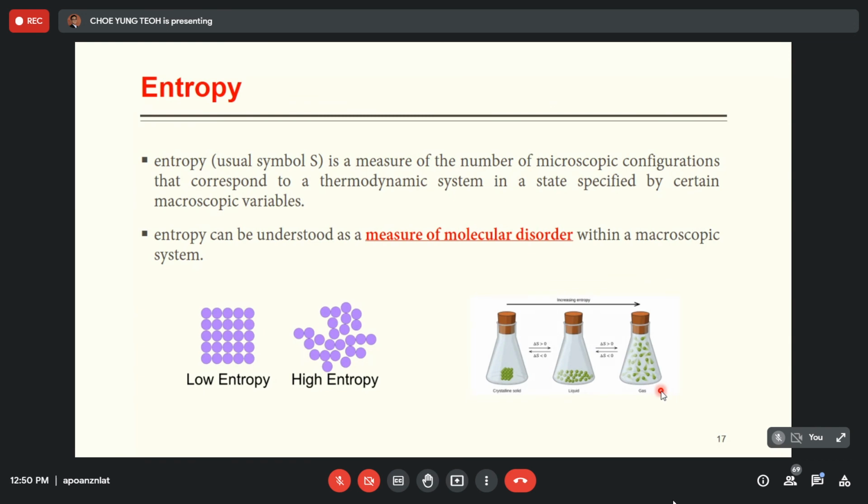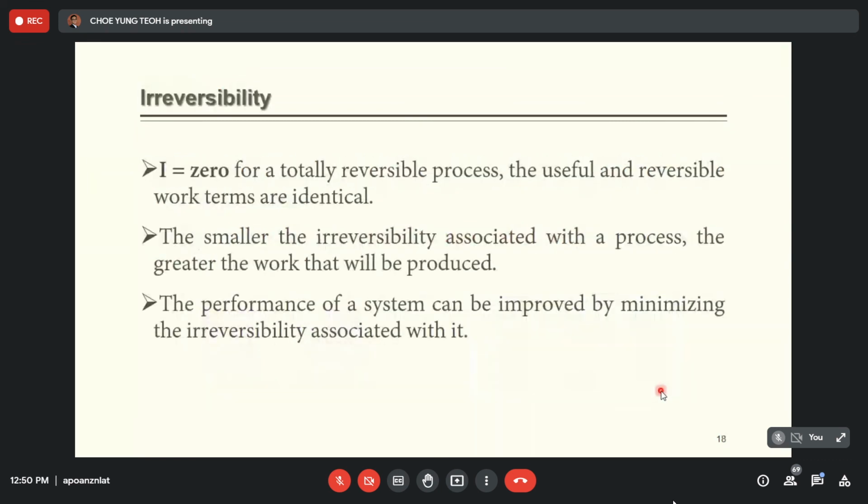This entropy will actually affect the conversion of the thermodynamic process. The higher the entropy, the more difficult the conversion becomes. This irreversibility is also called destroyed exergy. Irreversibility equals zero for a totally reversible process with 100% efficiency.